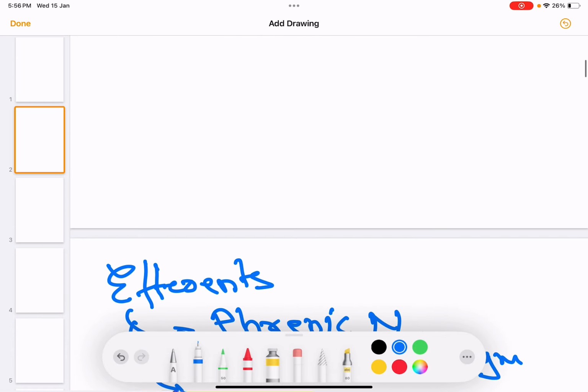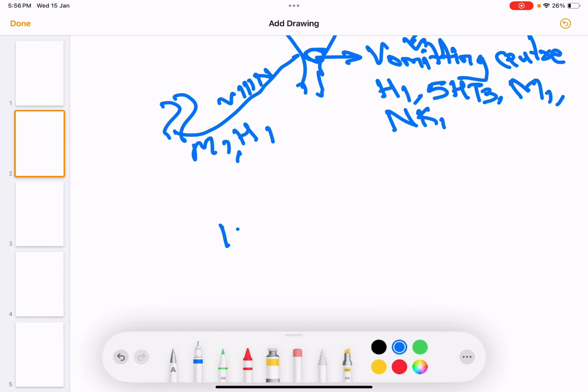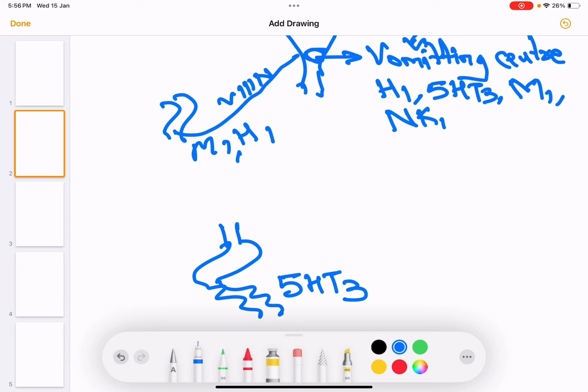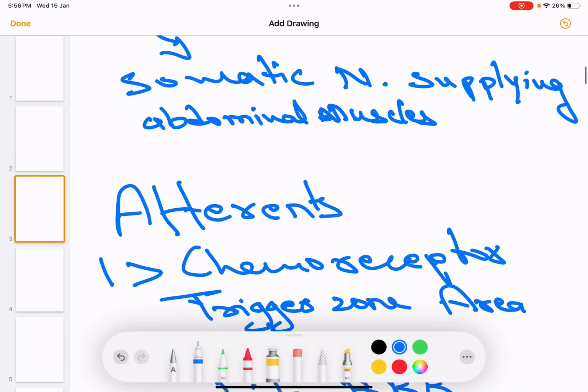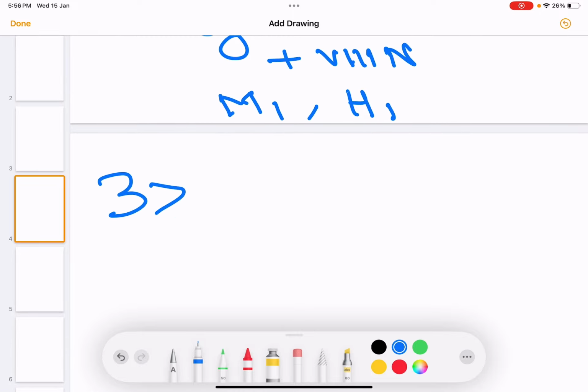Now the third set of afferents is from the GIT, gastrointestinal tract, and these afferents are via 5-HT3 receptors. So the third afferent is from the GIT, via the vagus nerve and spinal afferent nerves.